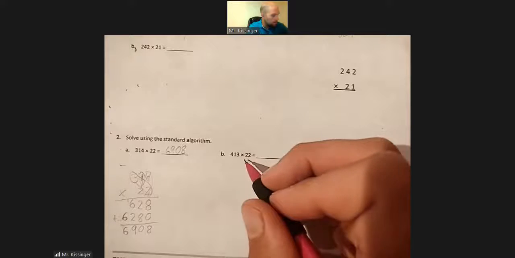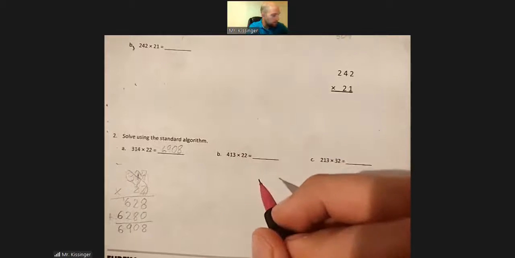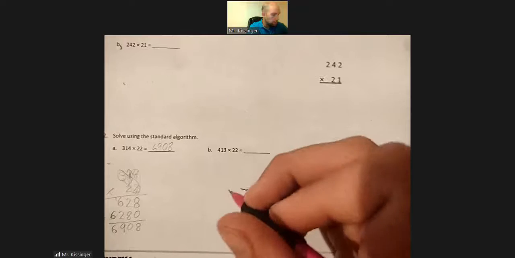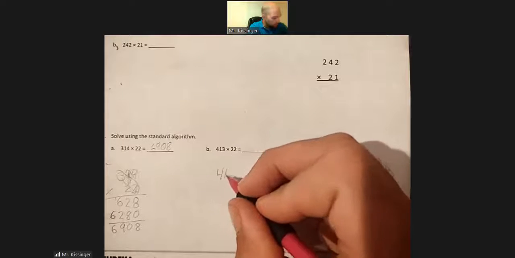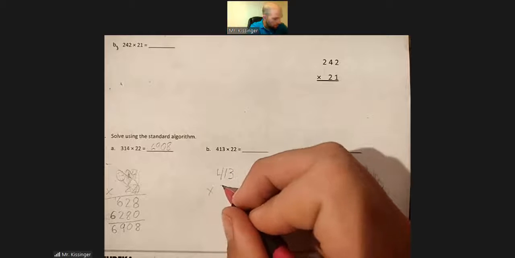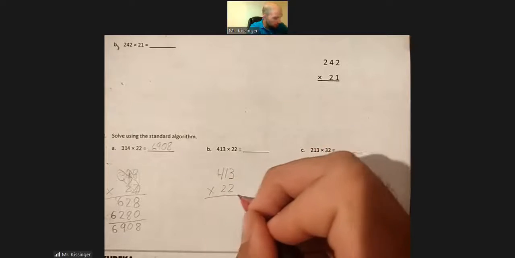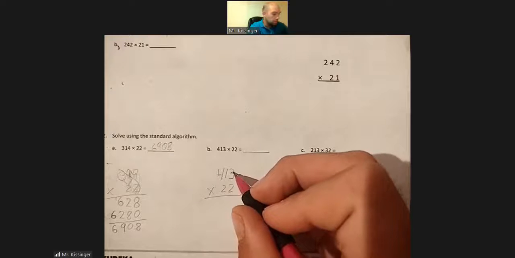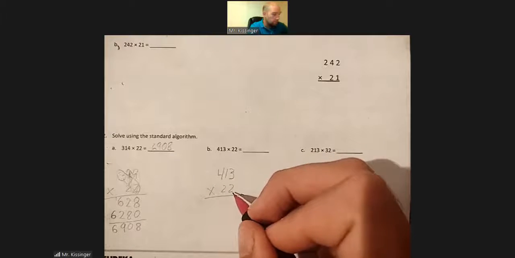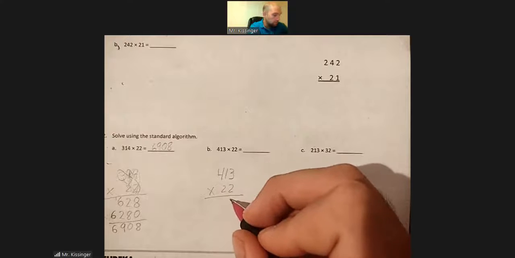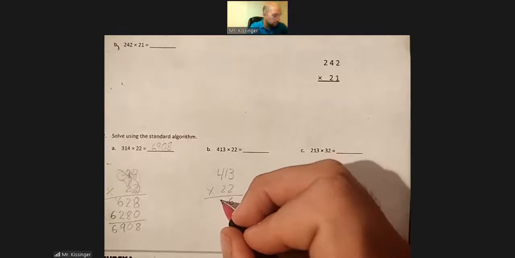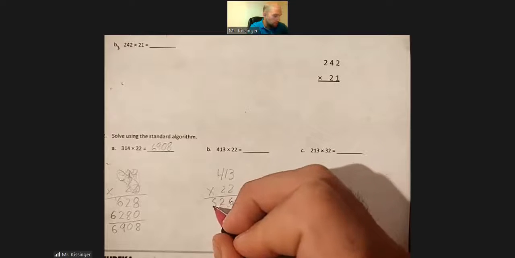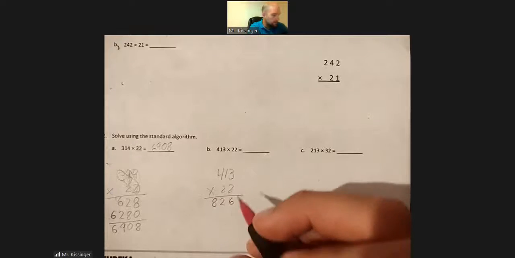All right. So our next problem here is 413 times 22. So again, what we're going to do is multiply 413 by 2. So we have 6, 2, 8. So we have 826.